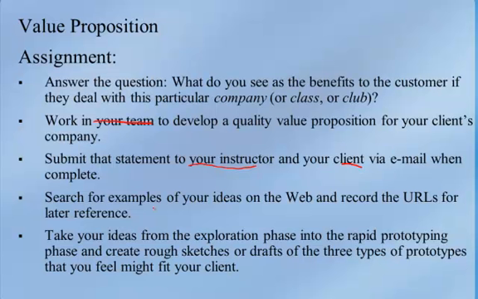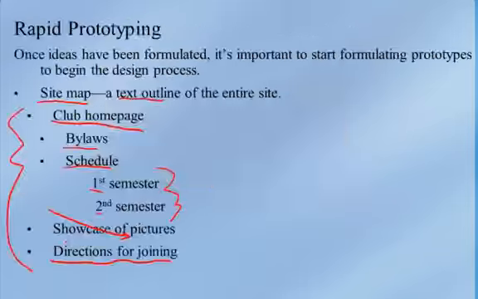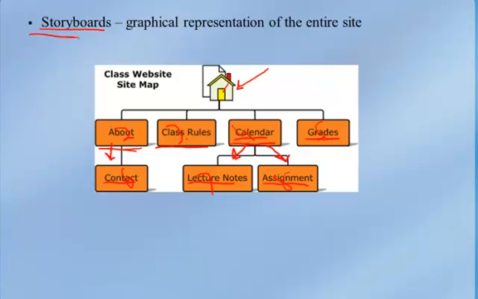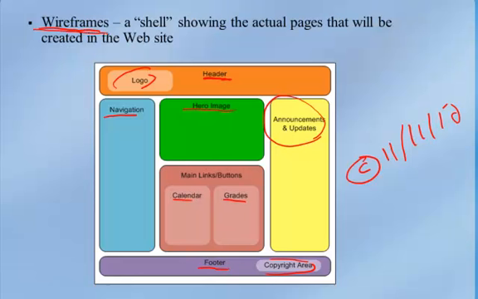And a good idea would be to look for examples of your ideas on the web, and record the URLs of what you want your website to look like, so that you can reference them later when you're actually designing your website. And then you're also going to turn in all these. You're going to turn in a sitemap, a storyboard, and a wireframe.